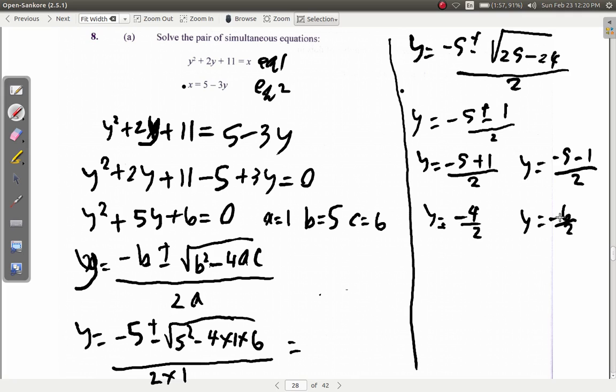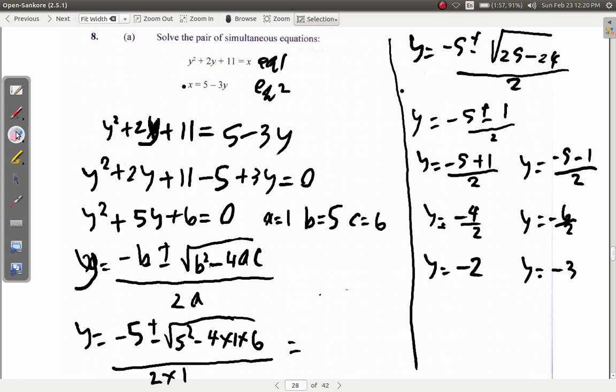When you cancel down, you're going to get y is equal to negative 2, and y is also equal to negative 3. Good. So you have two values for y. You need two values for x.